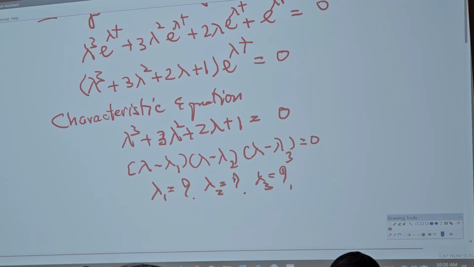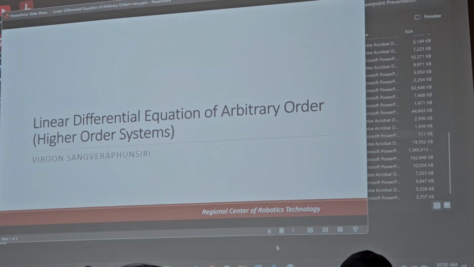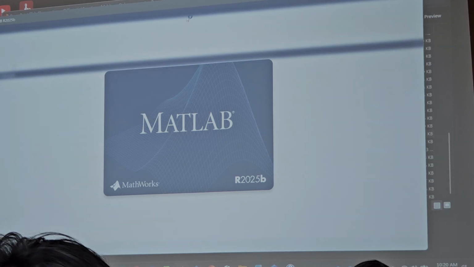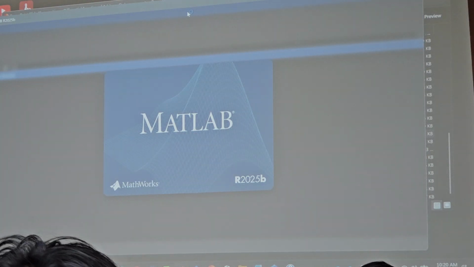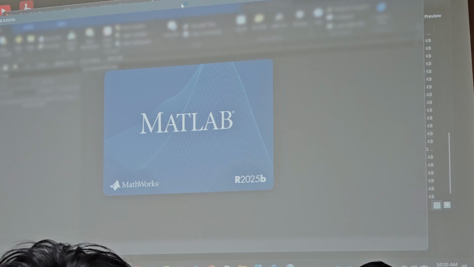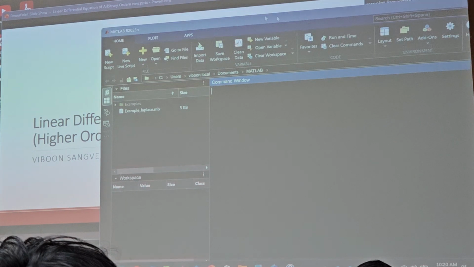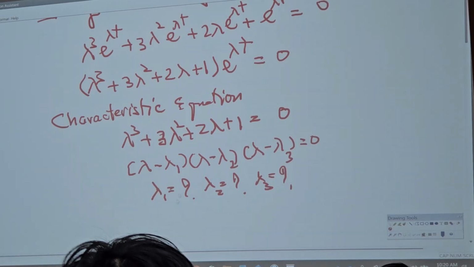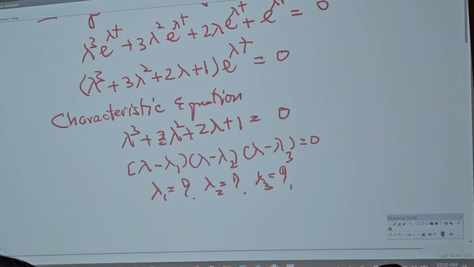You don't have a calculator, right? You can do this by MATLAB. Look at this one. You have lambda cubed, so you can find this one.